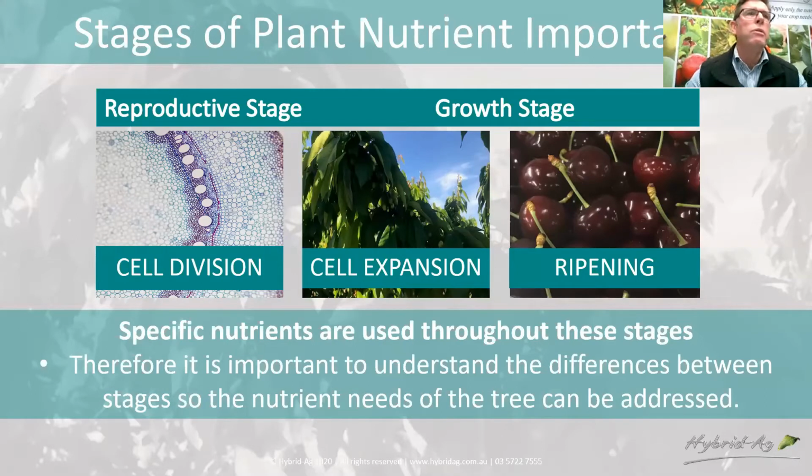We'll move on to our first slide, which shows the stages of plant nutrient importance. Today we're focusing on some of these key stages where nutrients play an important role in crop load. We'll look at how to maximise cell density in each piece of fruit through the cell division stage, and how to ensure controlled cell expansion through the fruit fill and sizing stage, achieving our target size without compromising fruit quality.